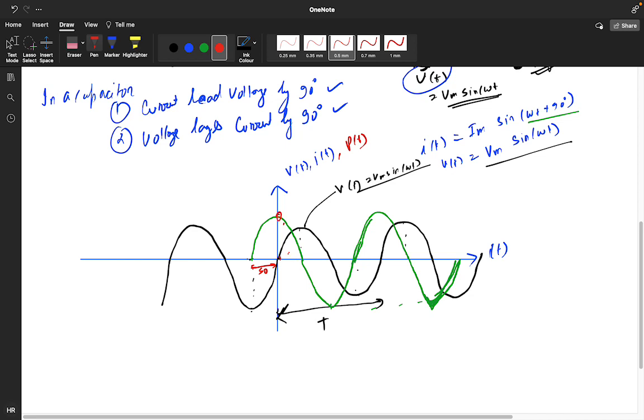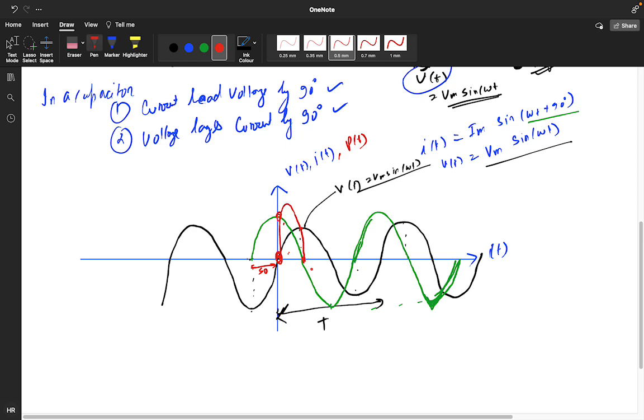Multiplying, it will start from 0, and this is your maximum value and this is your minimum value here. So again it's coming as 0 at this point, and it's going like this.